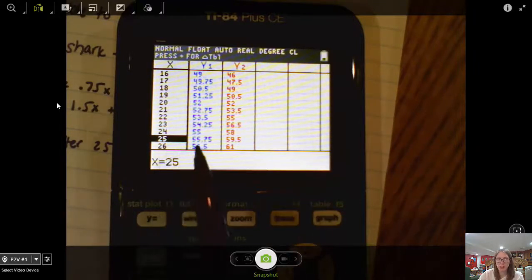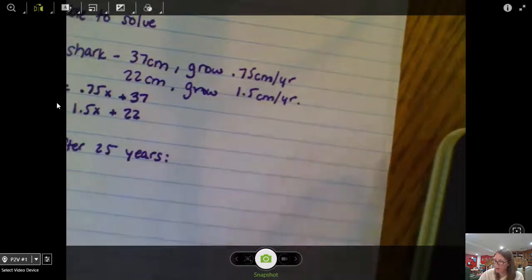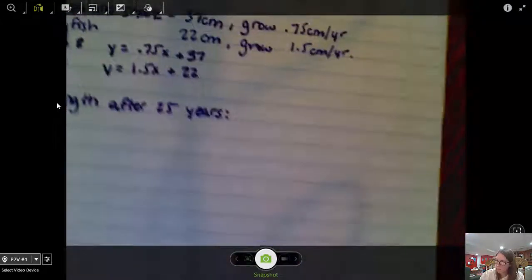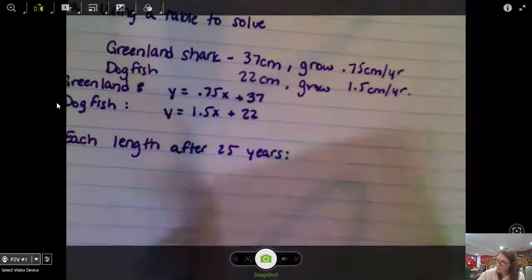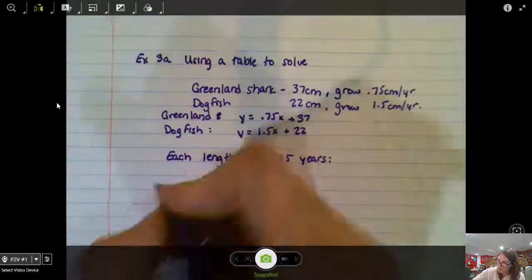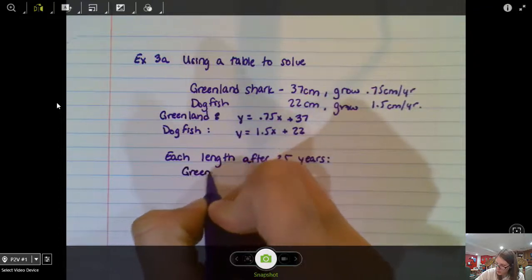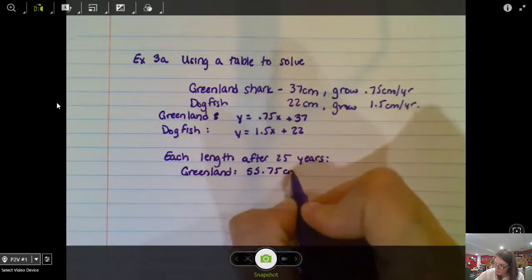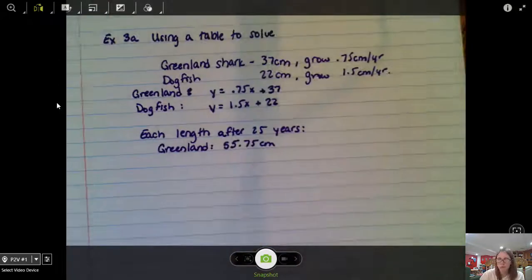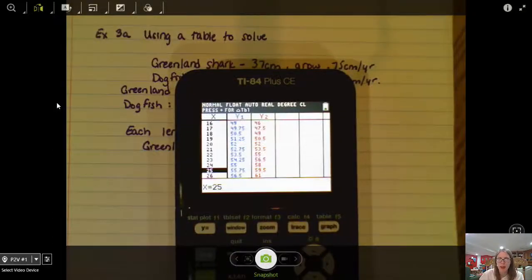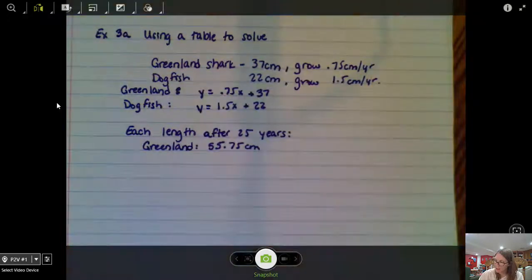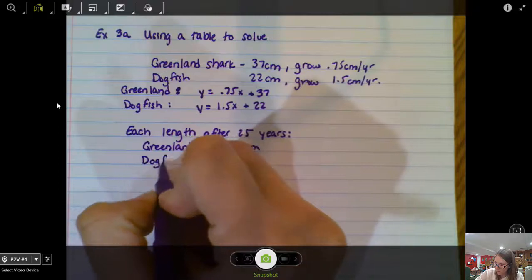So our first shark was the Greenland shark, and its length would be 55.75 centimeters. And then my dogfish shark, after the 25 years, would be 59.5 centimeters.